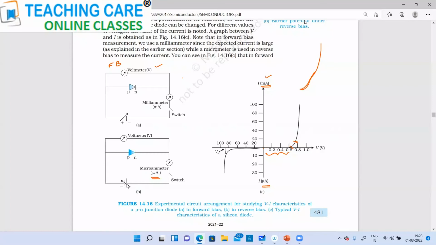So we said that in forward bias, the depletion region was going down, right, ma'am? Yeah. For example, if the applied voltage is very small, the barrier potential will be slightly reduced.